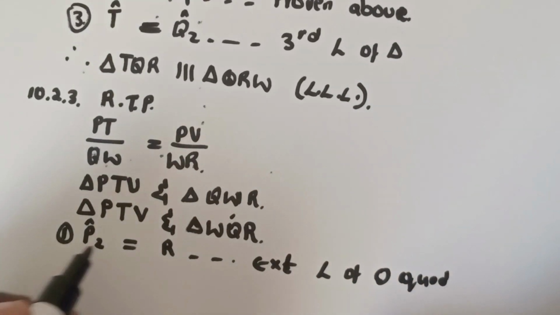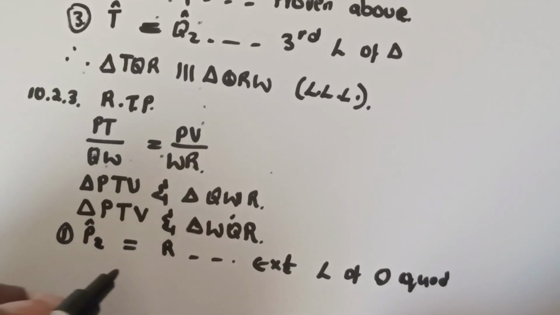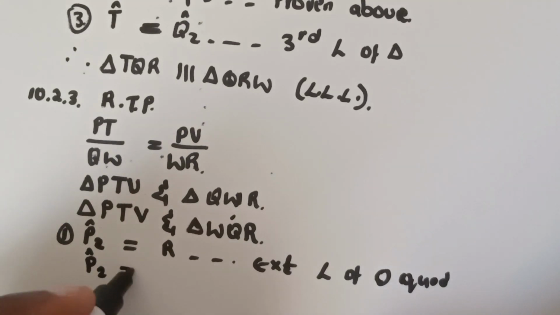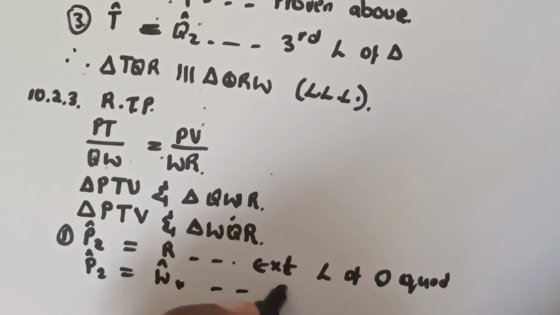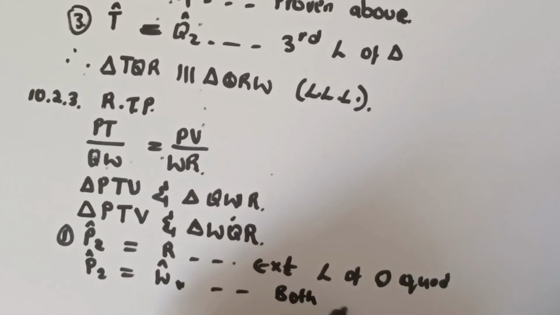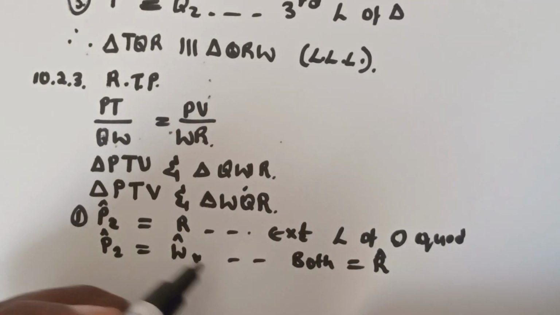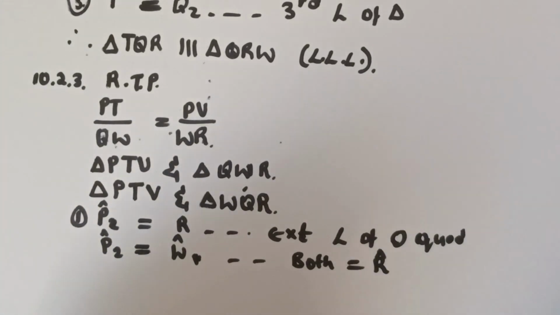So now P2 is equal to angle R, and then we know that angle R is equal to angle W1. So definitely P2 is equal to angle W1, both equal to angle R. Then we get our first angle that is equal to each other.